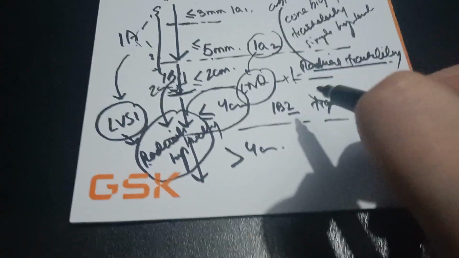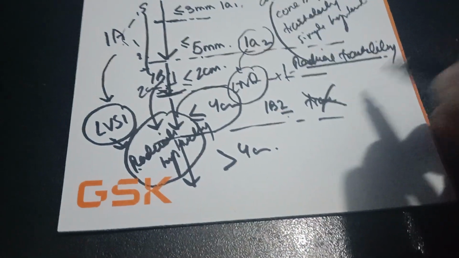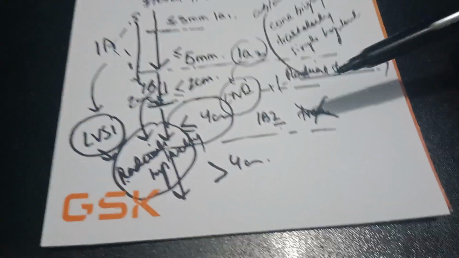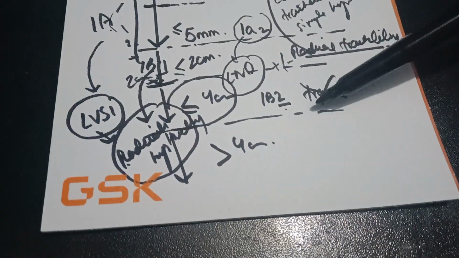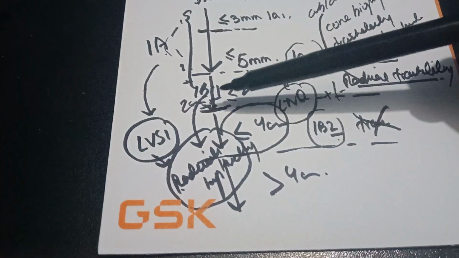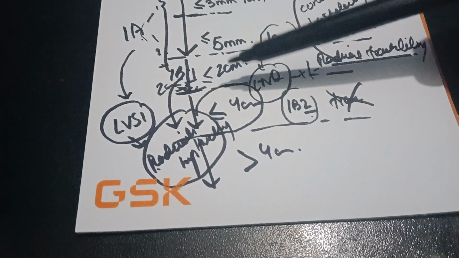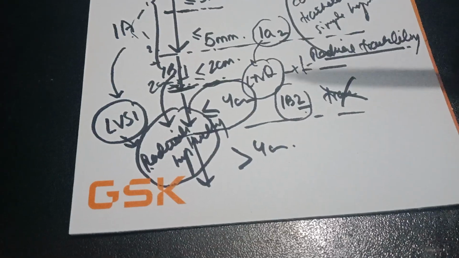Trachelectomy cancelled. Has cancelled at 1B2. No trachelectomy, guys. This is a very important point, that you can perform trachelectomy in cervical CA until 1B1. Once it crosses the 2 centimeter mark, you can no longer perform trachelectomy.